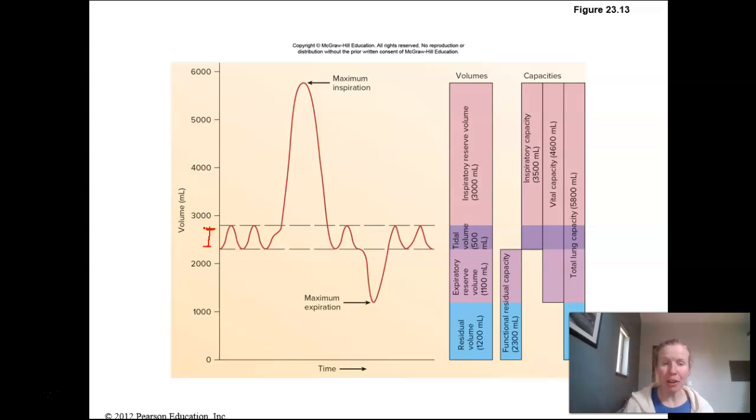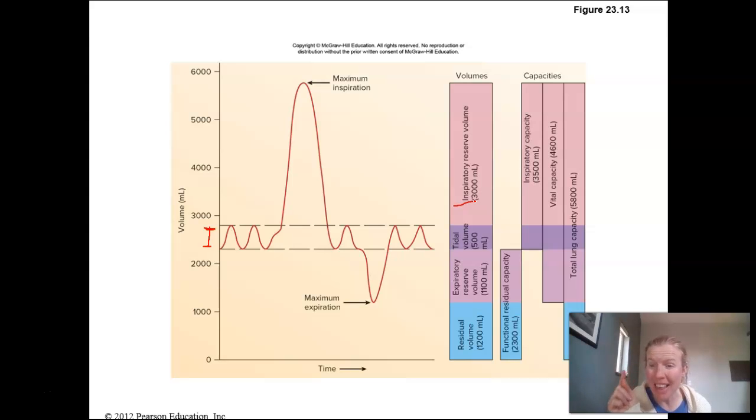Now, if you're going along here and you're breathing in and out and in and out, normal breaths, right? And then you breathe in, and then keep breathing in, right into that maximum inspiration. This whole amount here is what's referred to as inspiratory reserve volume.